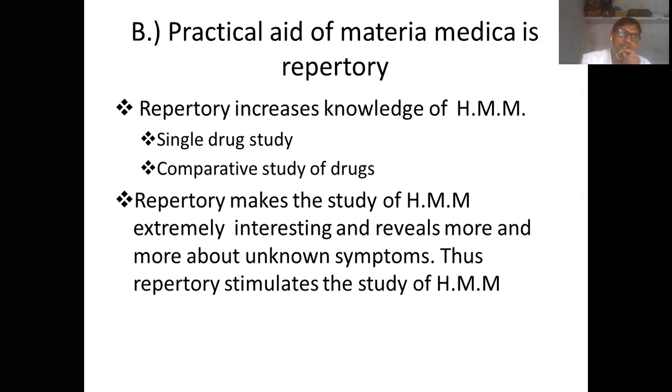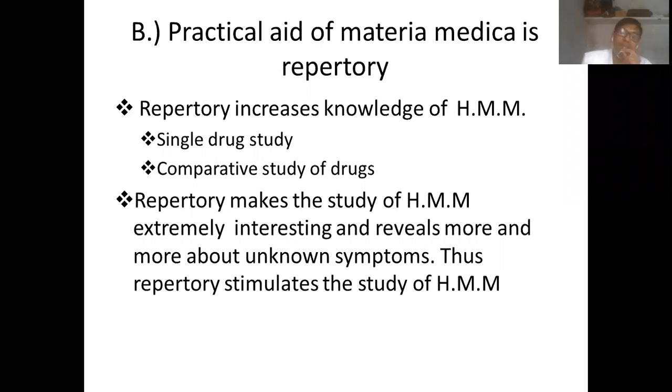You go through each and every chapter of the repertory, each and every rubric, every sub rubric, and there will be a compilation of all the thousands of symptoms scattered in the repertory of Natrum muriaticum. And when you compile all these rubrics and sub rubrics in different chapters in which Natrum muriaticum is present, you will get all information about that remedy.